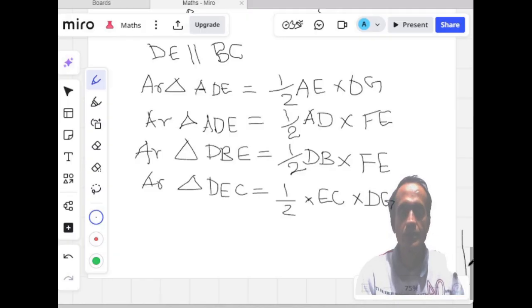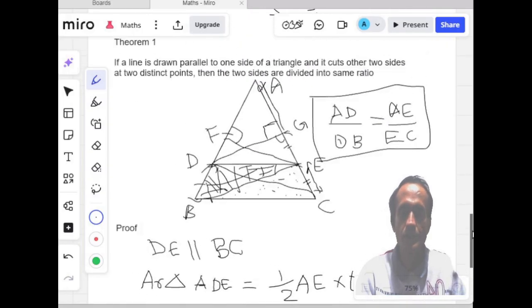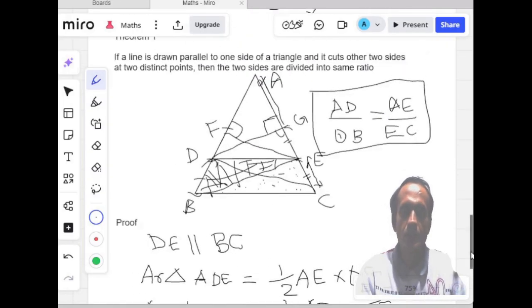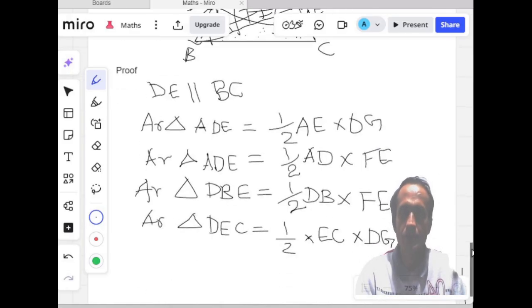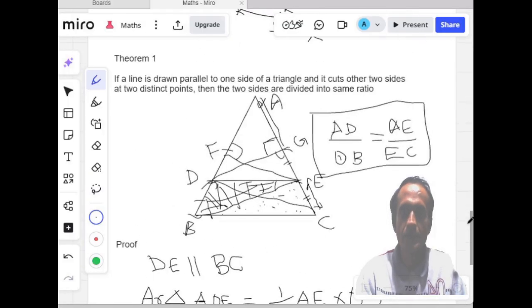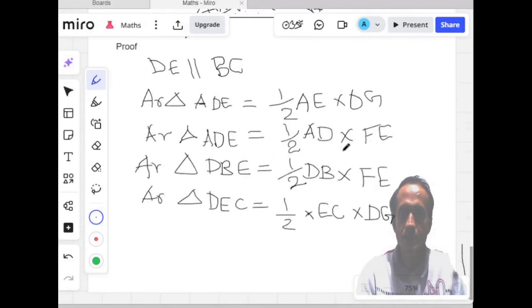Why have we taken this triangle and these bases? Because what we have to prove is AD by DB is equal to AE by EC, so we should get these line segments in our equation. We are getting AD, DB, AE, EC.